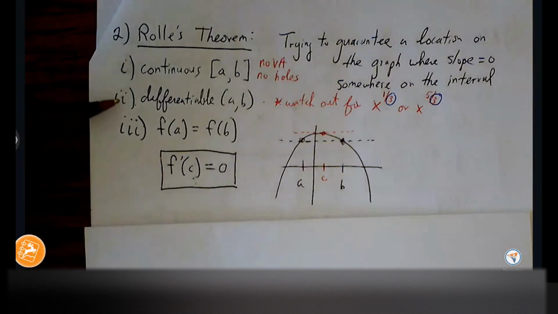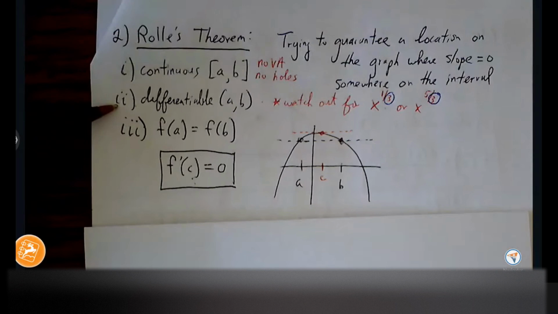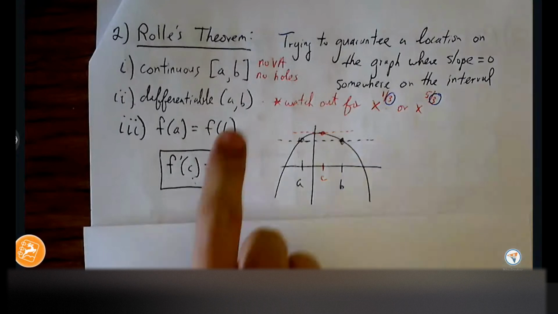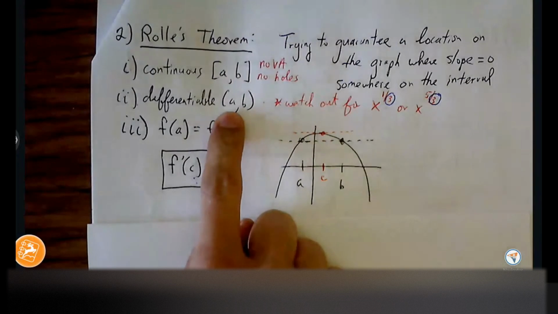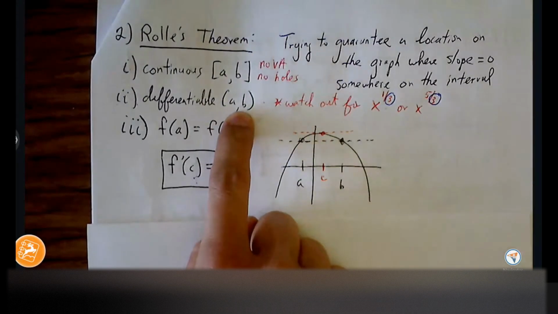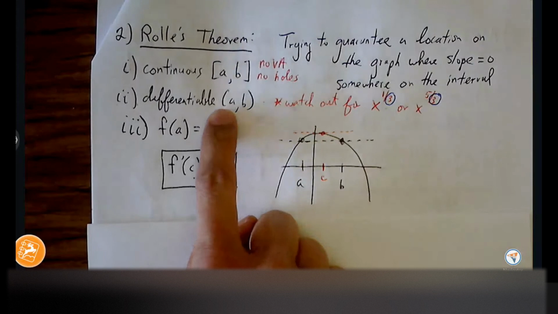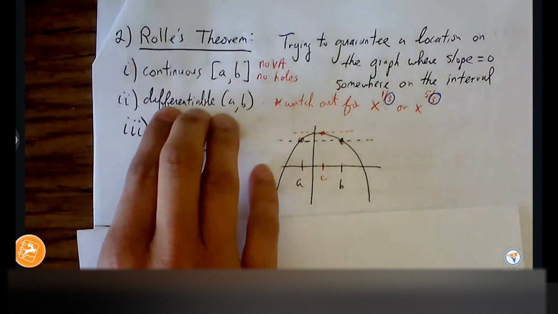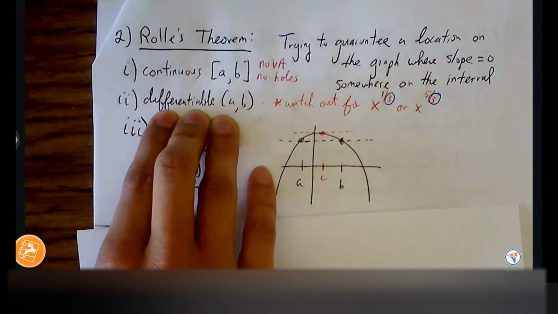So we can't have any sharp turns if we want to apply Rolle's theorem. We need the function to be differentiable on the open interval. Usually, you don't have to worry about this statement. If it passes the continuity statement, it'll most likely pass the differentiable statement.